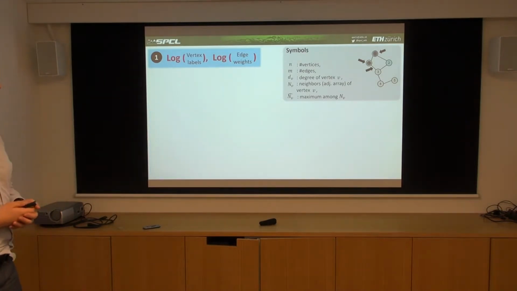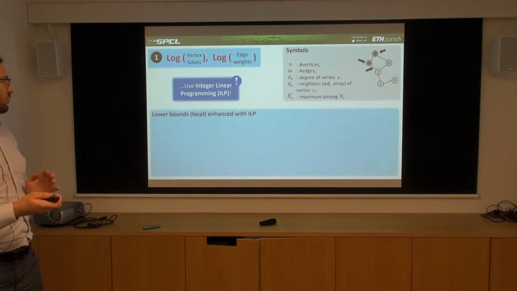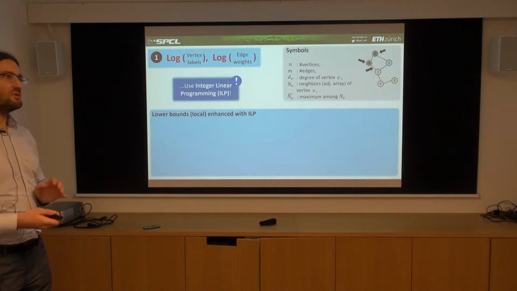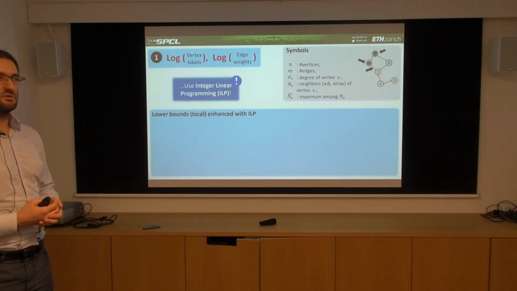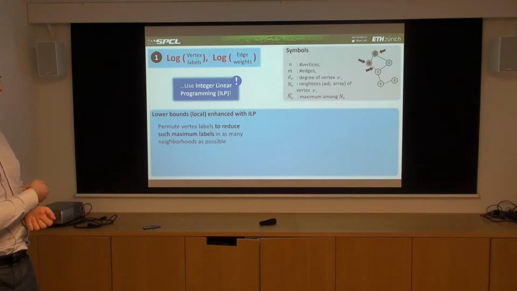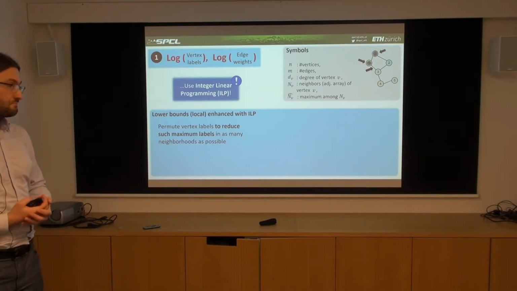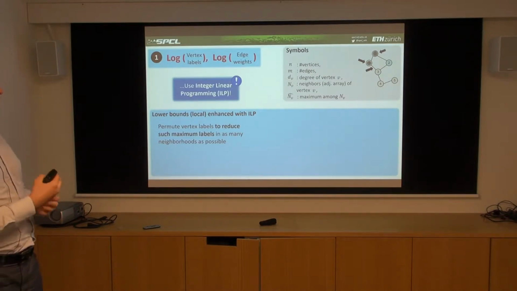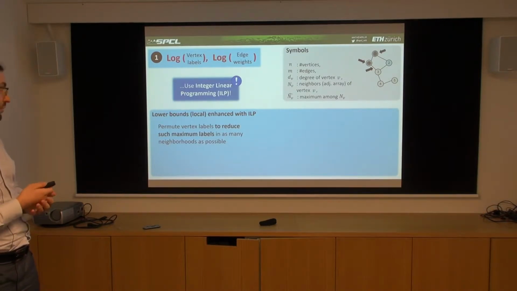And here our solution is to approach the problem with the ILP. So what we are doing is trying to reshuffle these labels in each of these neighborhoods in such a way that we minimize these maximum labels in each of the neighborhoods. So we're going to permute the vertex labels to reduce these maximum labels in as many neighborhoods as possible, because of course we can't really do it for all of them easily, but we can have heuristics that try to maximize the number of such neighborhoods with minimized maximum labels.